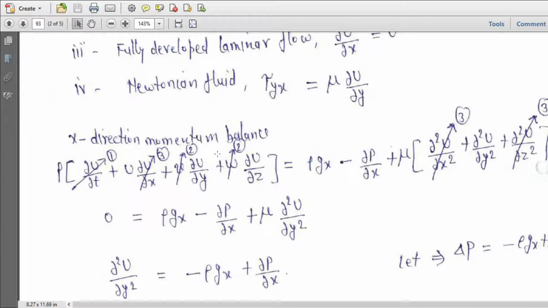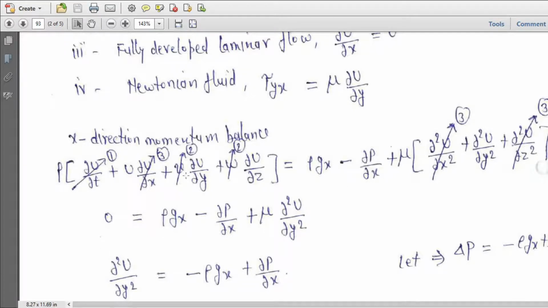V and W terms get cancelled because flow is totally one dimensional in X. This term also gets cancelled due to fully developed flow in the X direction. Now the del U upon del Z term is much lower than del U upon del Y. Therefore this term gets cancelled based on the magnitudes, because the dimension along the Z axis is extremely large as compared to the dimensions in Y.